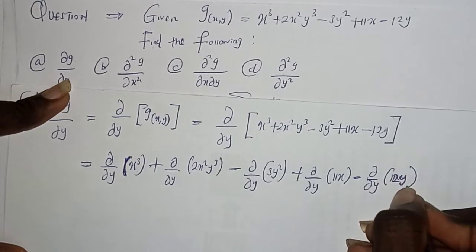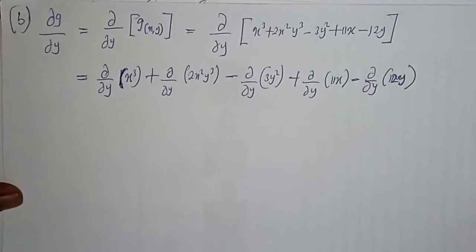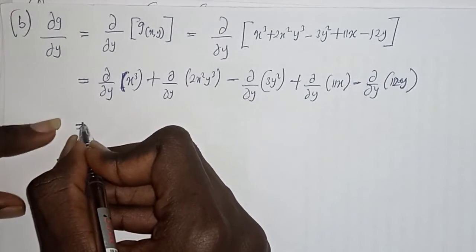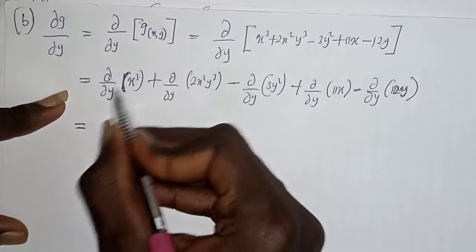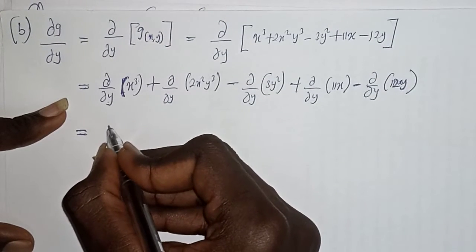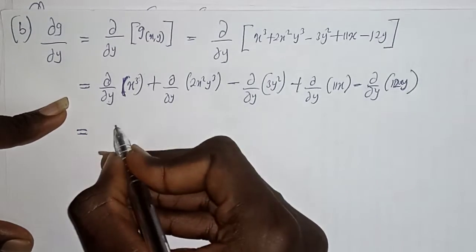So from here now, since we have this, we can start by saying we have differentiate x cubed partially with respect to y, then trivially that should give us 0.